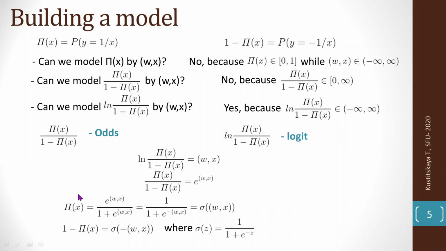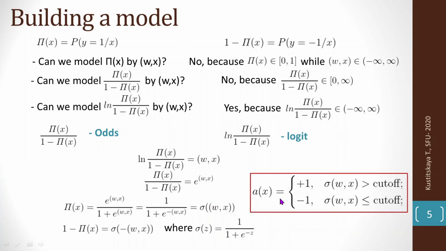Now we've got the expressions for probabilities, and we should write the rule for our classifier. The classifier will classify an object as a positive class if sigma of w dot x is larger than some cutoff, and it will be a negative class if sigma of w dot x is less or equal to the cutoff.